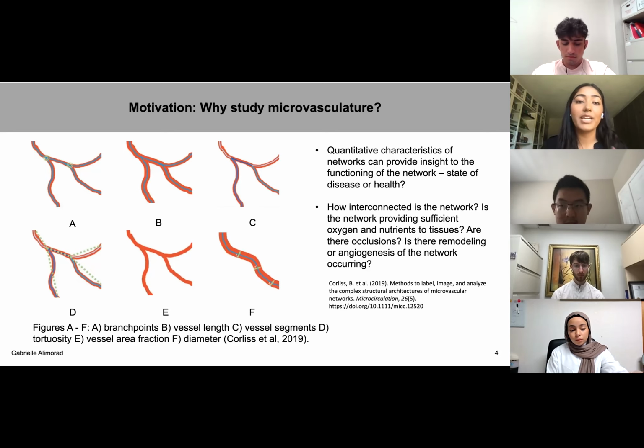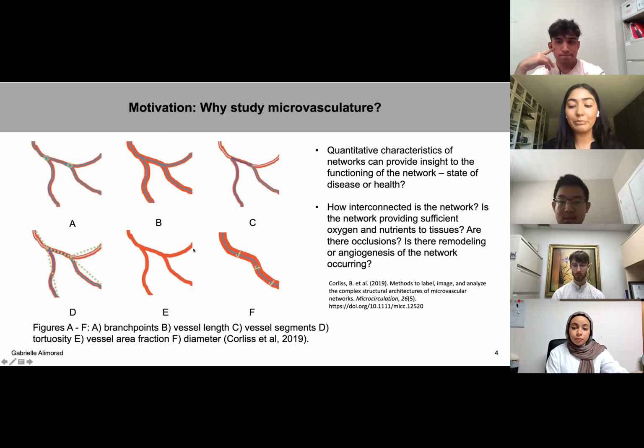So maybe at one point in health and then one point in disease. And this can give you insights of whether or not maybe the network remodels or if vessel density might reduce and what that might mean and what implications those might have on the networks and the entirety of the system. In my research, these are the statistics we aim to get.